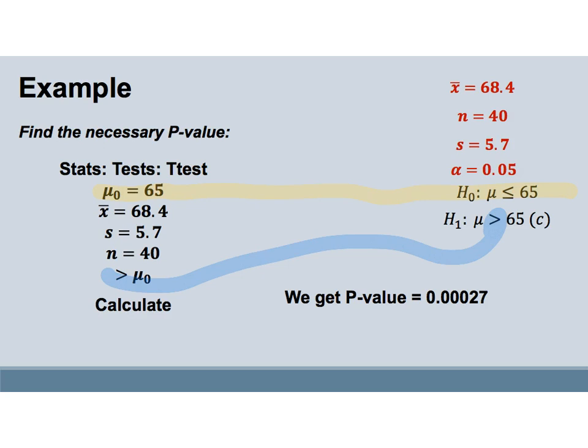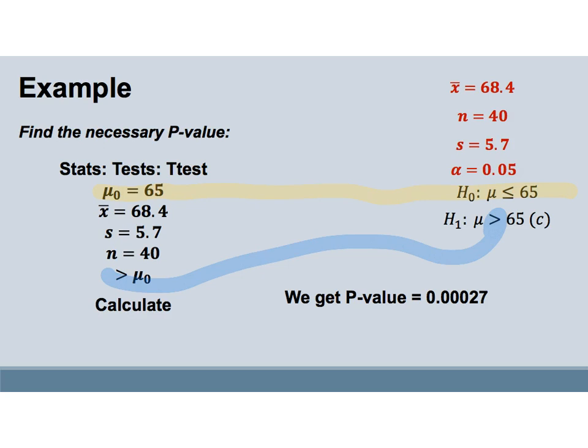The rest of the data comes from the stuff we wrote down. So the first one should be 65. X bar is 68.4. S is 5.7. N is 40. And this time I want to do greater than, and hit calculate.